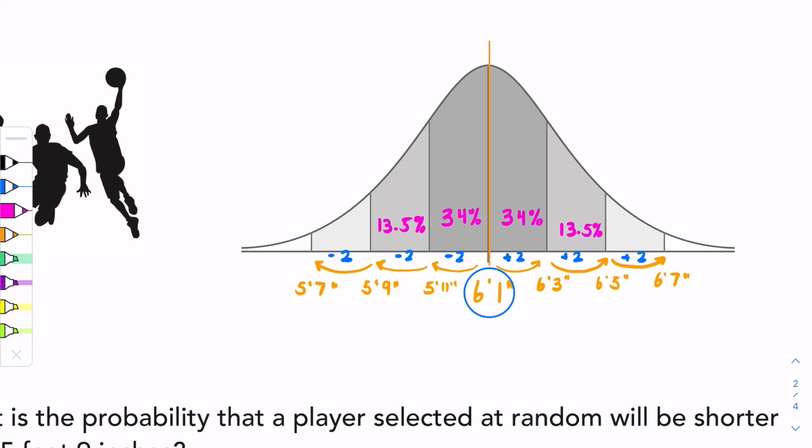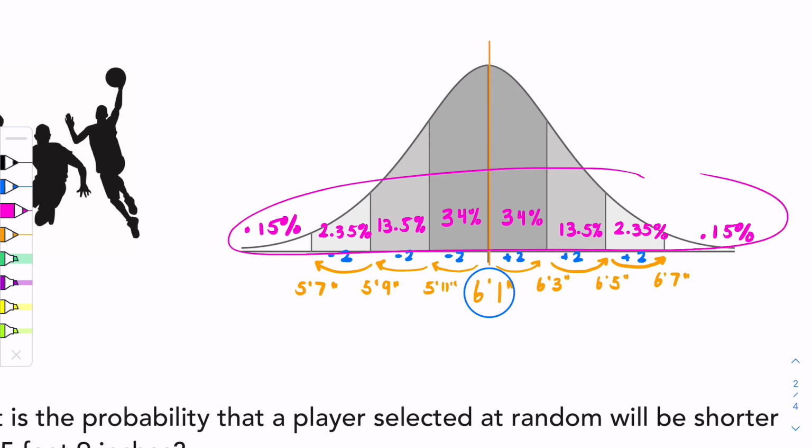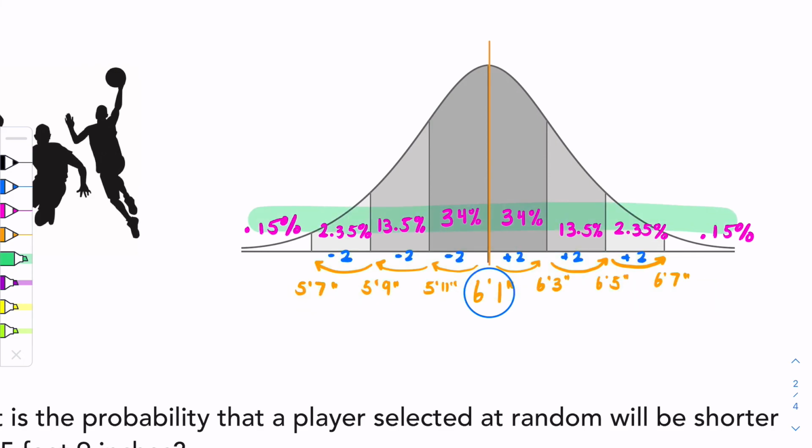Within 3 standard deviations, we're talking about 2.35% of data. And then there is 0.15% leftover data after our 3 standard deviations. These numbers never change. You fill in the information specific to your problem, and you use your percentages on the normal curve.